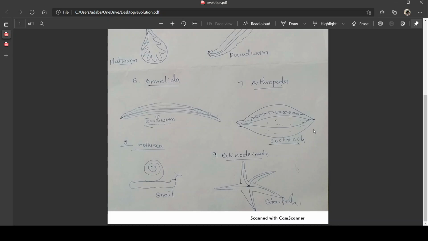This type of transportation, which supplies nutrients to the tissues directly, is called open type of circulatory system. In this system, blood vessels are absent. The blood flows through the cavities and supplies the nutrients to the tissues directly.